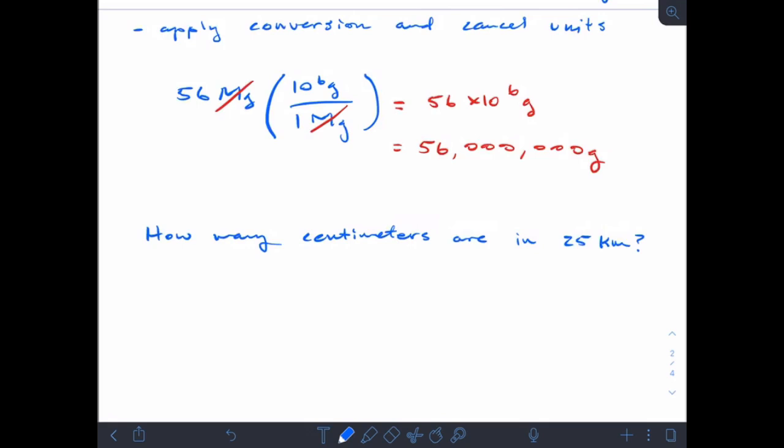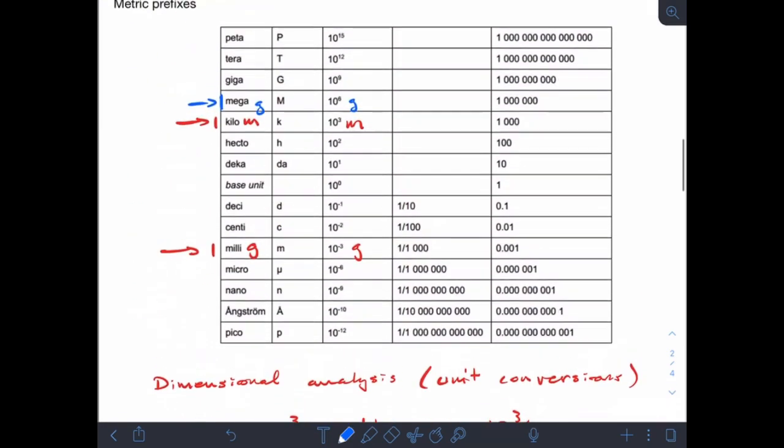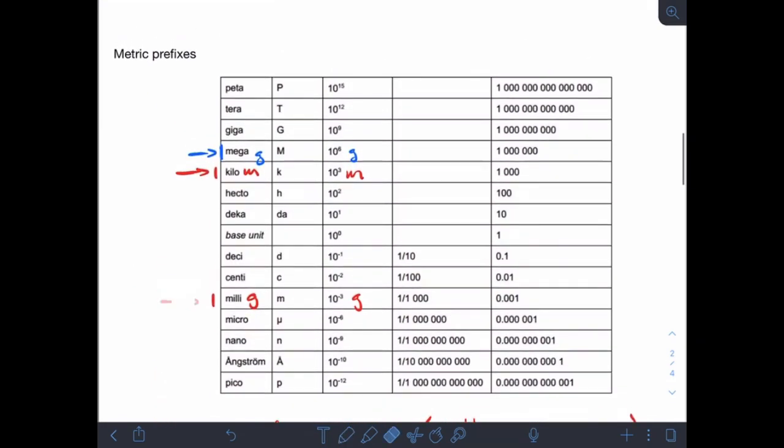Now, if I'm clever, I can do this in one step, but I don't have to. Okay, coming up here to our table, there's nothing in here that goes straight from kilometers to centimeters. All these relationships are to a base unit, so kilometers to meters or centimeters to meters.